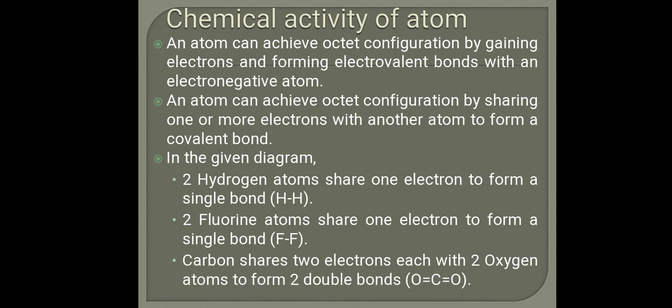An atom can achieve octet configuration by gaining electrons and forming electrovalent bonds with an electropositive atom. An atom can achieve octet configuration by sharing one or more electrons with another atom to form a covalent bond.